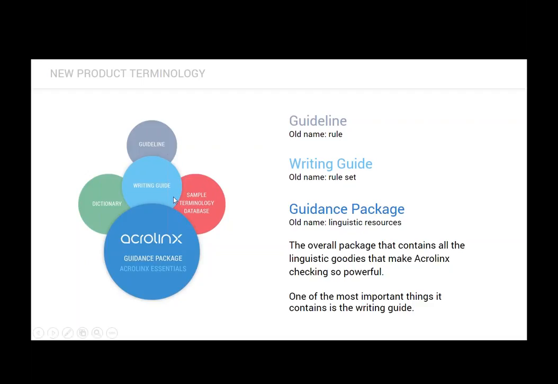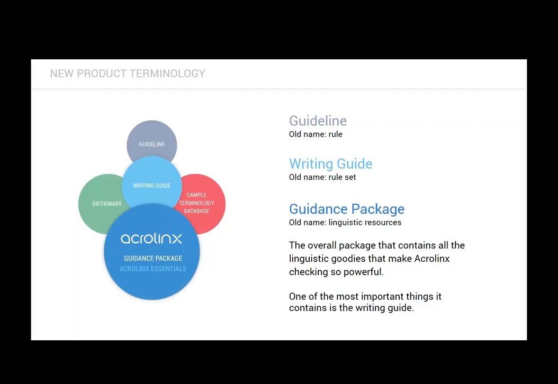These guidelines are then grouped into writing guides, what was before called rule sets. A writing guide would be something like a writing guide for marketing, for support, for training, for technical documentation, for UI strings. The writing guide is a group of rules which work together to provide the guidance for a specific target audience or a specific topic area you might have.